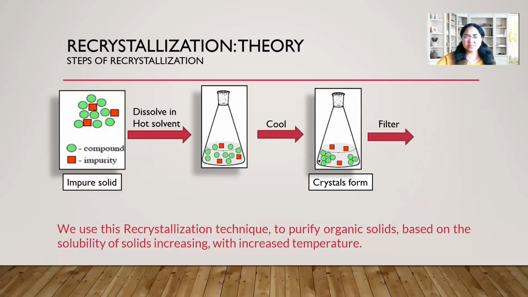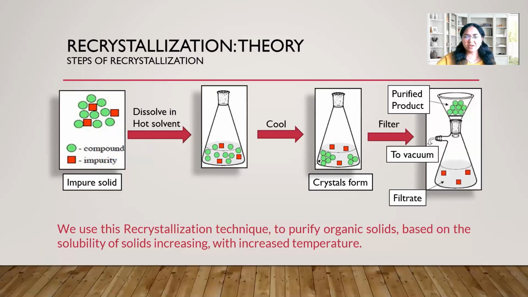Filtration collects the desired solid from the liquid, and the impurities stay dissolved in the solvent. The solvent is chosen so that the desired compound is soluble when it's hot and insoluble when it's cold. We use this technique to purify organic solids based on the solubility of solids increasing with increased temperature.